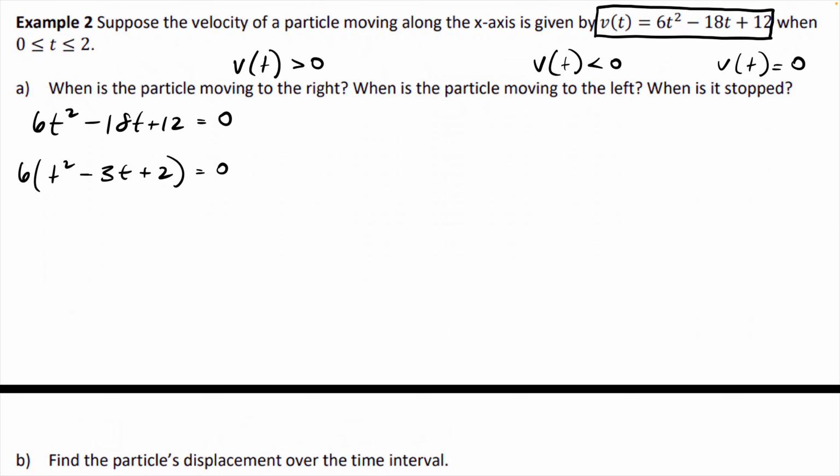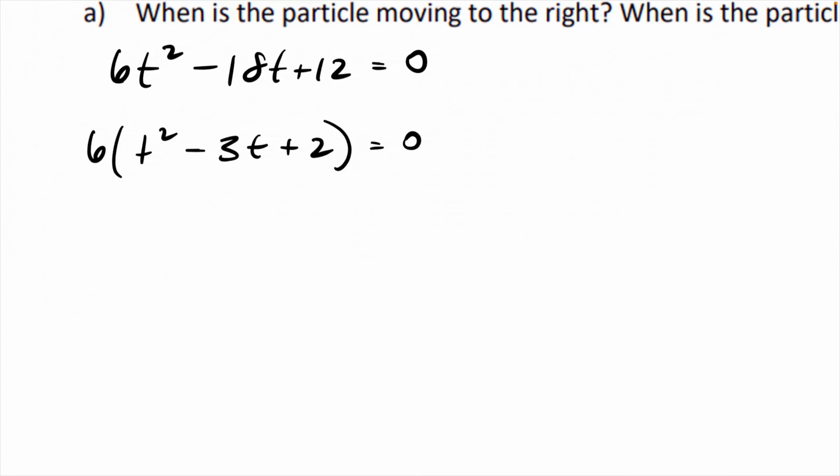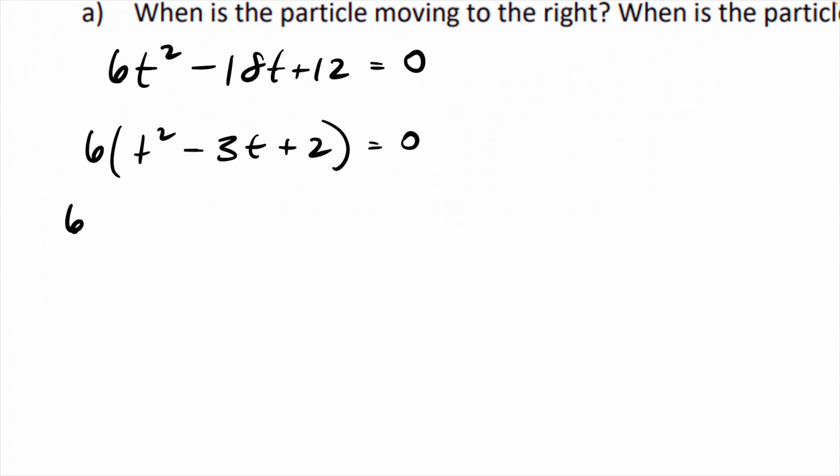It's a quadratic, right? So then I factor. I have to come up with the 2 numbers that multiply to be positive 2 and add up to be negative 3. Negative 2, negative 1. There we go.